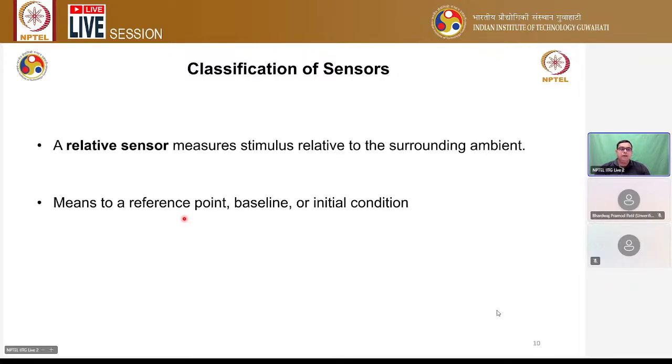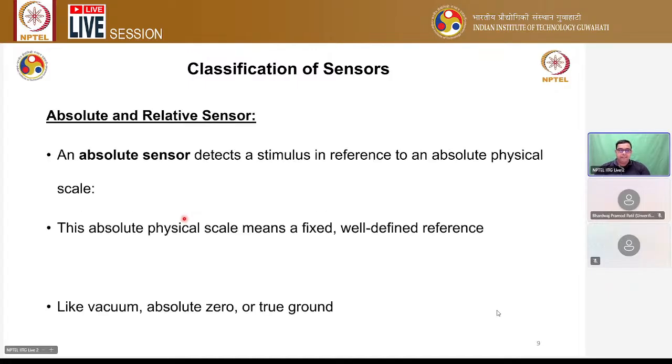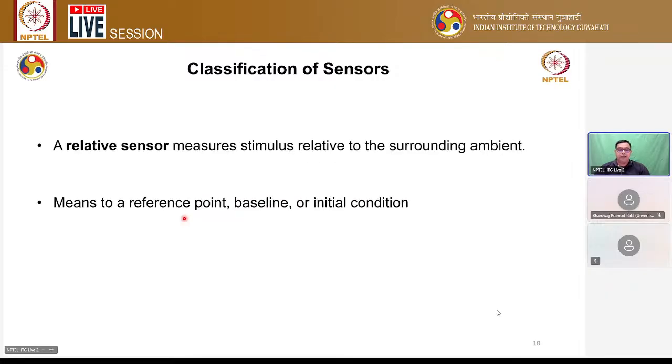However, a relative sensor measures a stimulus relative to the surrounding ambient. In the case of an absolute sensor, your reference is almost fixed, it doesn't change with the surrounding. But here the relative sensor measures a stimulus relative to the surrounding ambient, which means the reference point is changing.